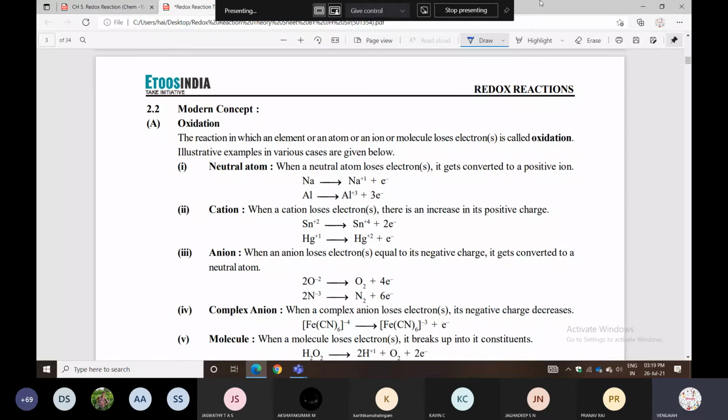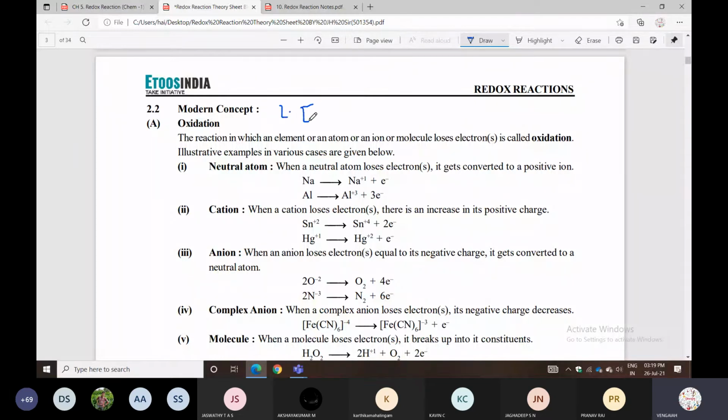You can just remember, loss of electrons is oxidation. LEO, and the lion, what sound will it make? GER sound. GER means gain of electrons, that you can say reduction.